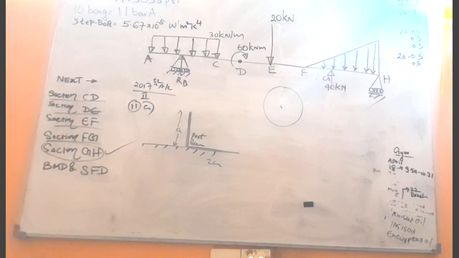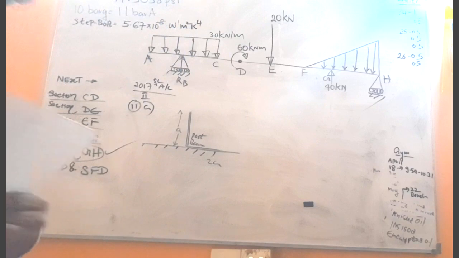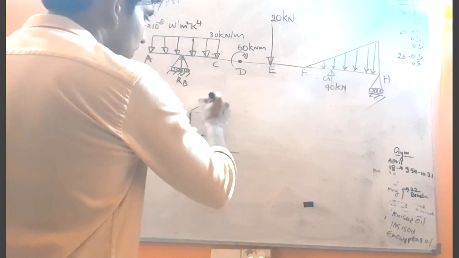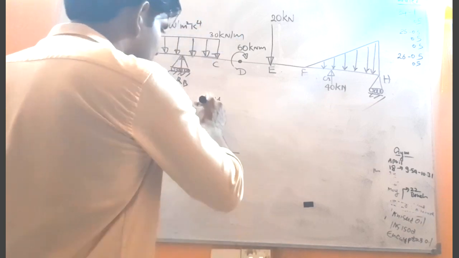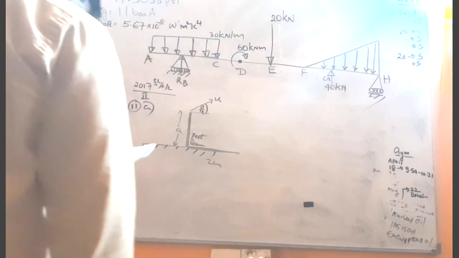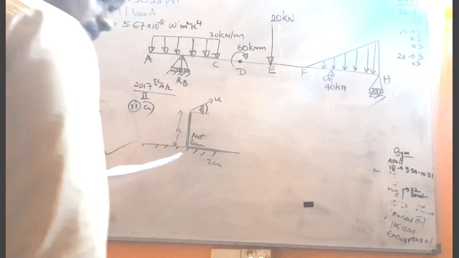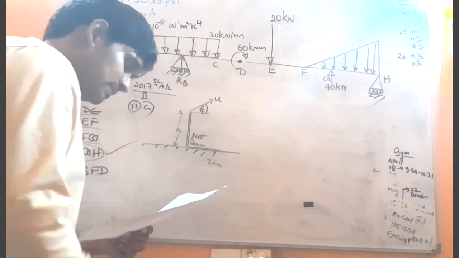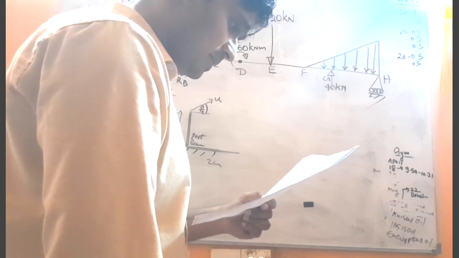Now a particle is projected with a velocity of u at an angle of pi divided by 4. Now in this problem, what do they ask?